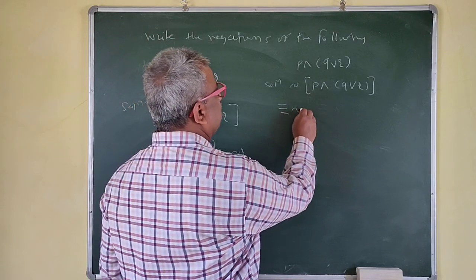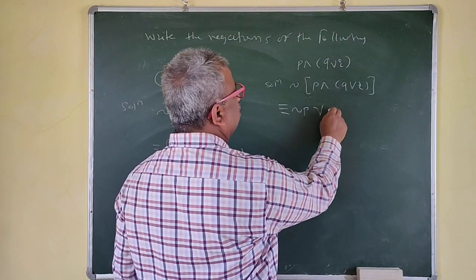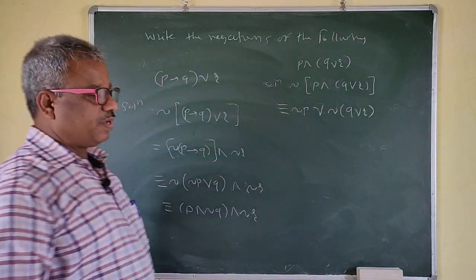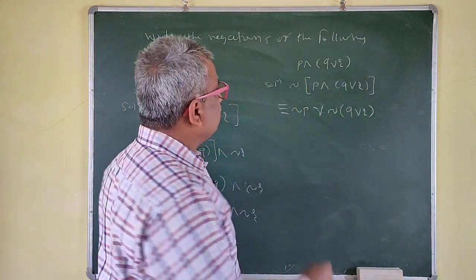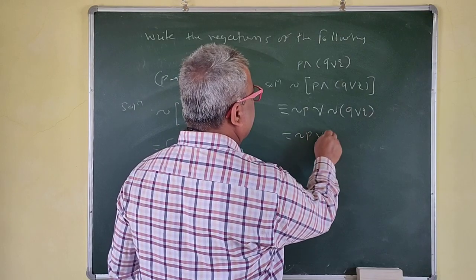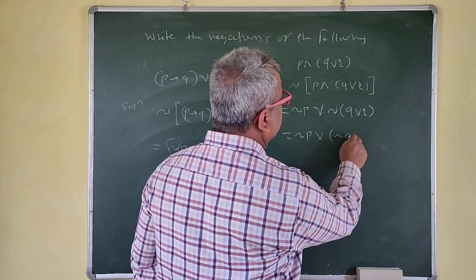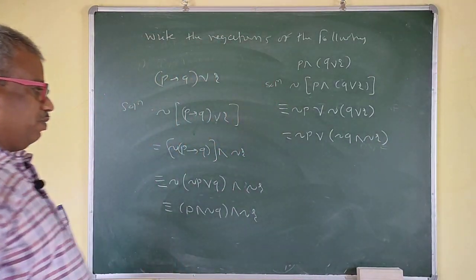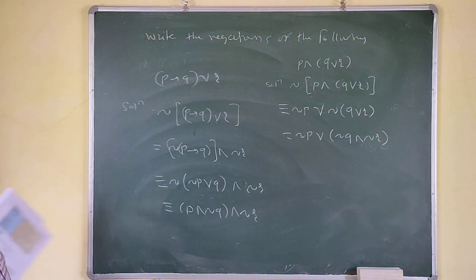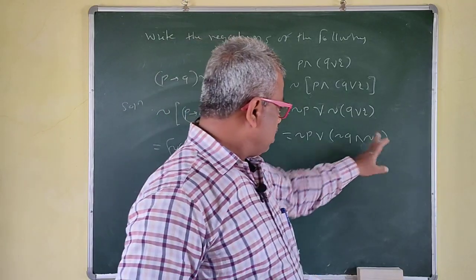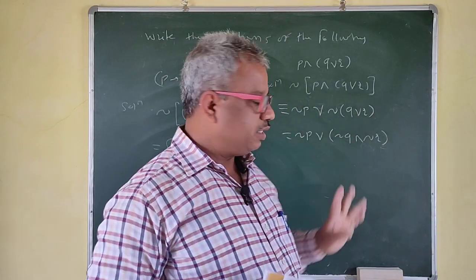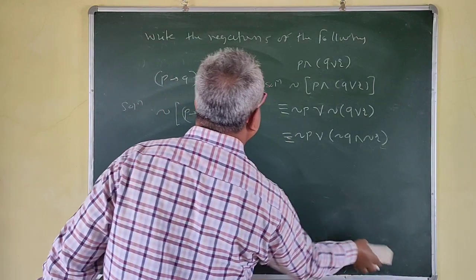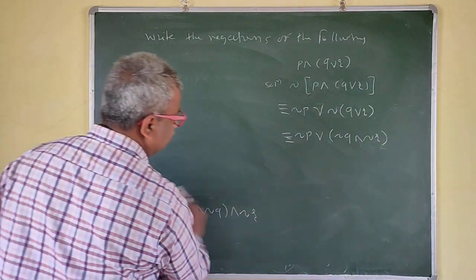So this is negation P or, negation Q and negation R. We cannot simplify this one because all three letters are distinct. Only this is the solution.